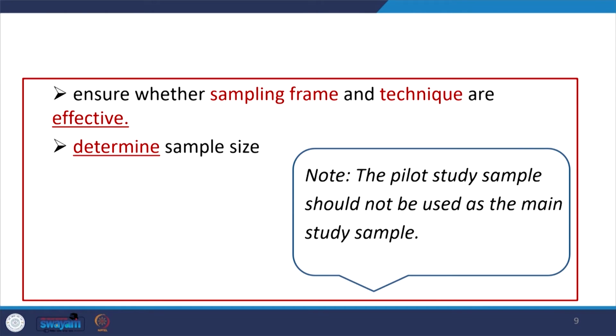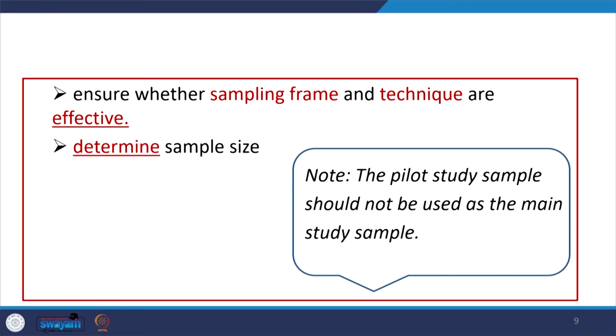Now, this ensures whether the sampling frame and techniques are effective. Okay. The objective is to ensure whether the sampling frame and the techniques mentioned are going to be effective. It also helps in determining a better sample size.